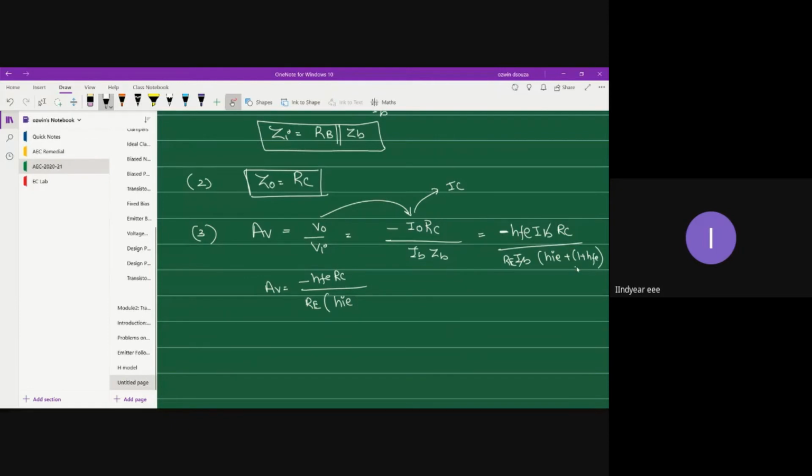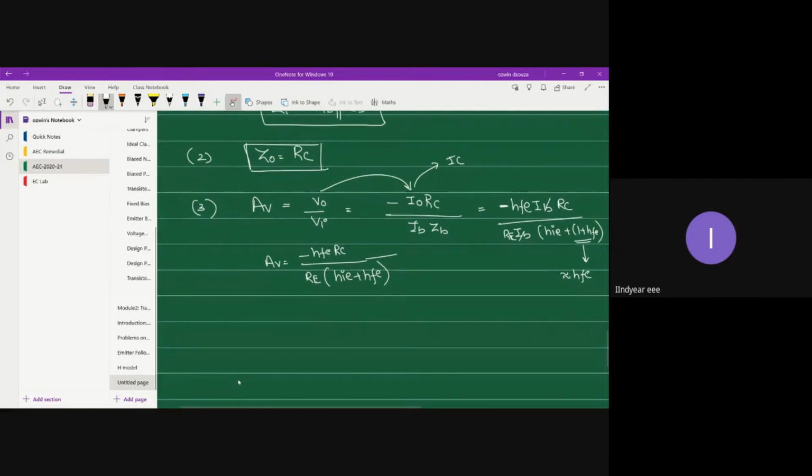Let me write approximately HFE itself for 1 plus HFE, so plus HFE. Or you can write AV is equal to minus HFE RC divided by RE into HIE plus, opening the bracket, RE into HFE, in approximation.